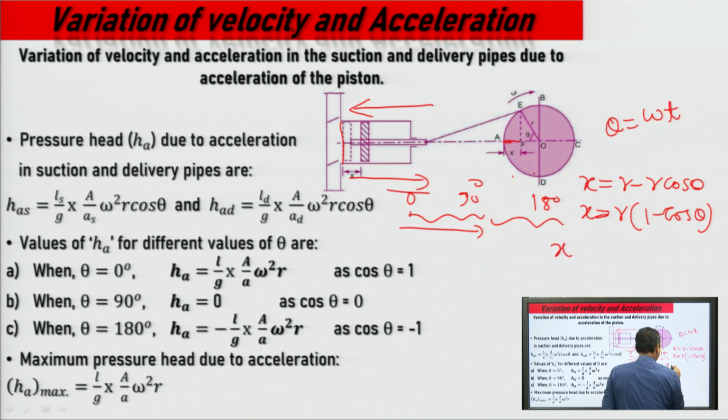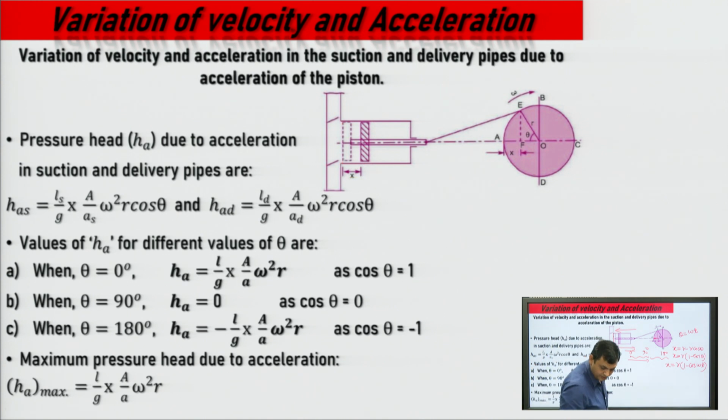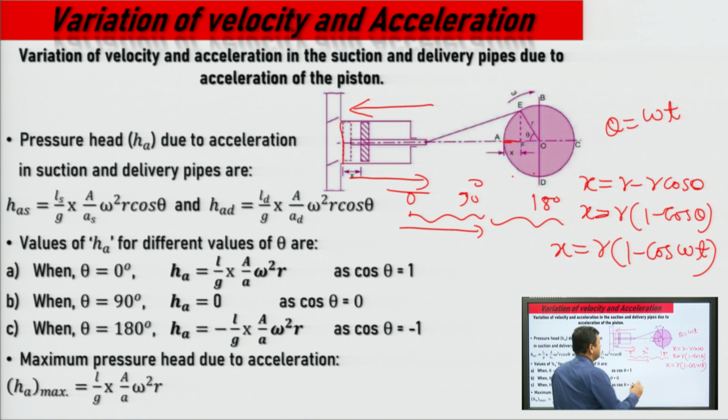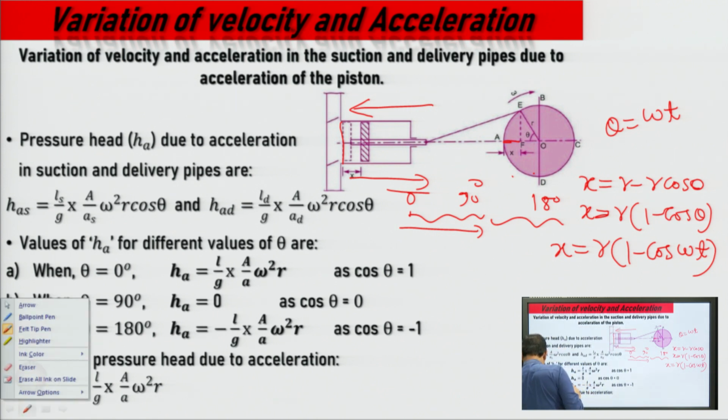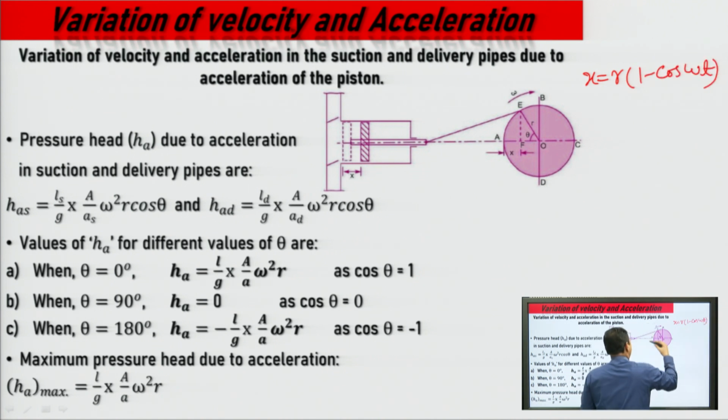So x equals r(1 minus cos omega t), which is the displacement of the piston.